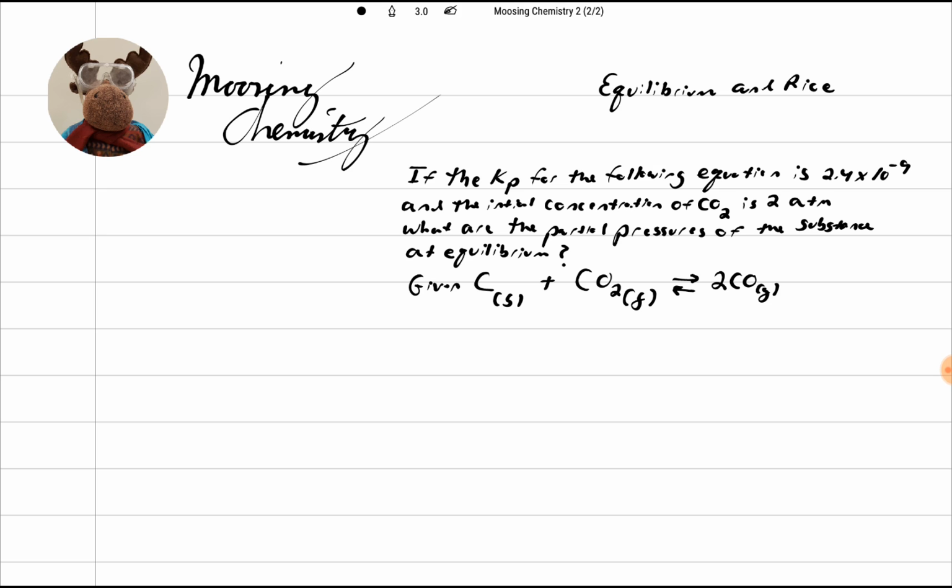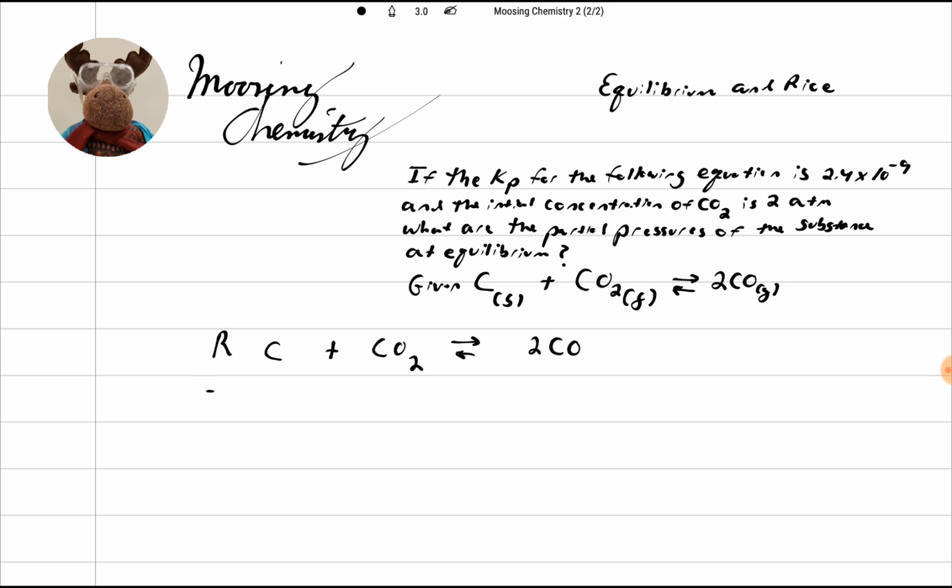So we're going to do our RICE table. So we set up R for our reaction. And we get C plus CO2, and then we have our forward and reverse reactions to make 2CO, carbon monoxide.